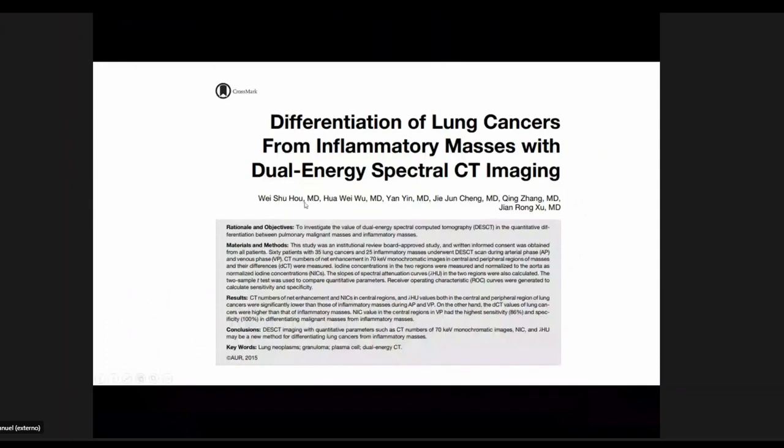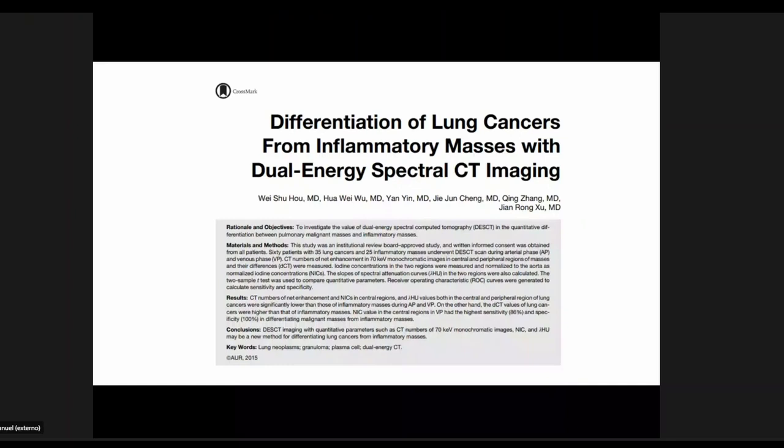The authors have shown that there was a higher iodine uptake when the mass was inflammatory, and less uptake if it was a cancer, and it has to be normalized by the aortic content. The iodine content also differs if it's a high-grade tumor compared to a low-grade tumor.